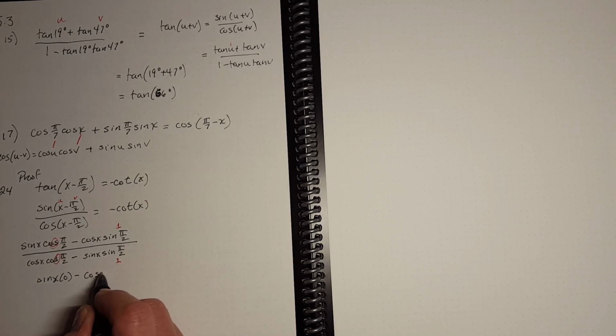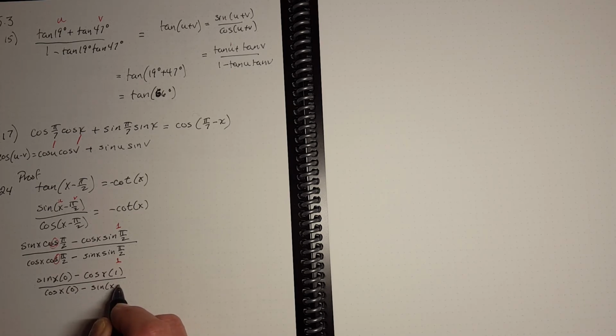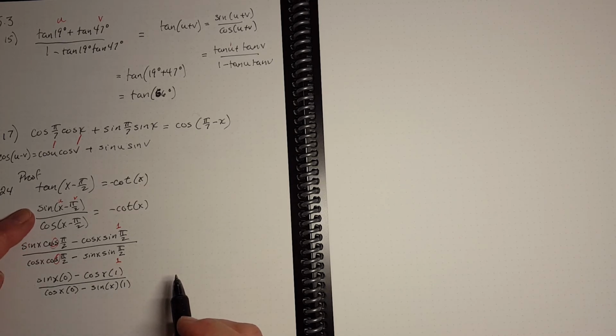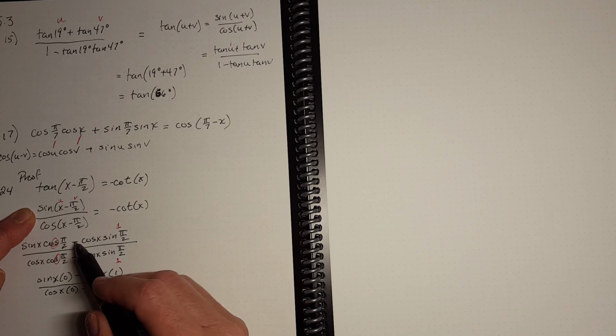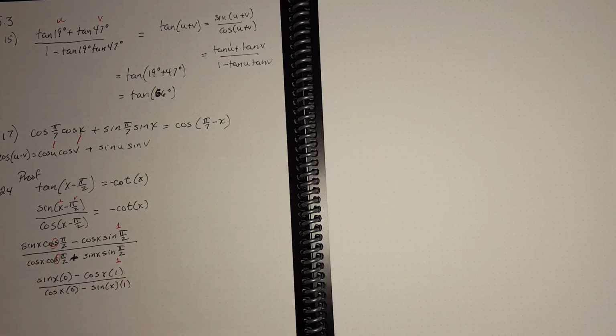Minus cosine of x times 1 over cosine of x times 0 minus sine of x times 1. Oh, I have a sign wrong here. Sine of x minus pi over 2 keeps the same sign, but this one should have been a plus. I'm sorry. Cosine of x minus pi over 2 is cosine x cosine pi over 2 plus sine of x sine of pi over 2.